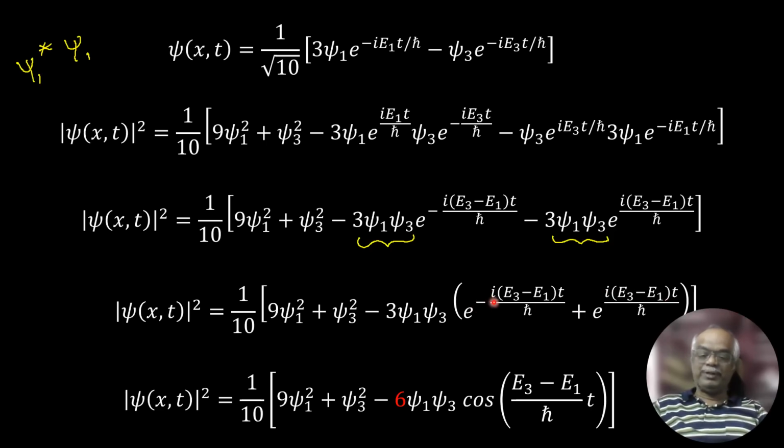So e power minus i theta plus e power plus i theta is equal to 2 cos theta. Applying that formula, you multiply 3 into 2, you will get 6. 6 times psi 1 psi 3 cos (E3 minus E1) over h cross t. So this is the modulus square of the time dependent wave function.